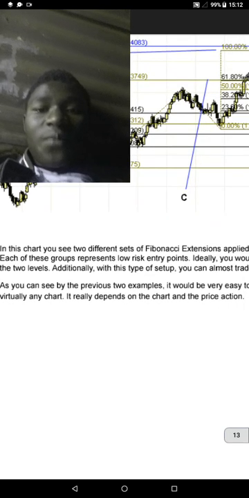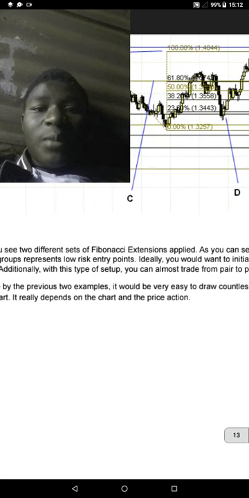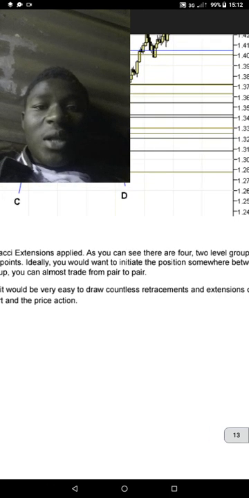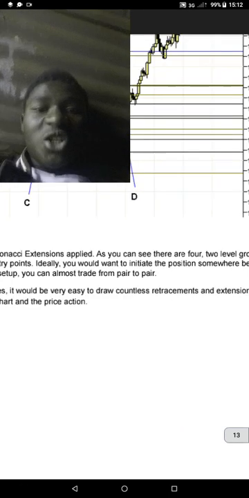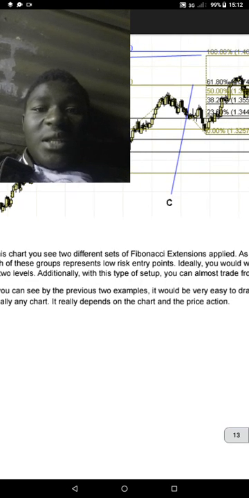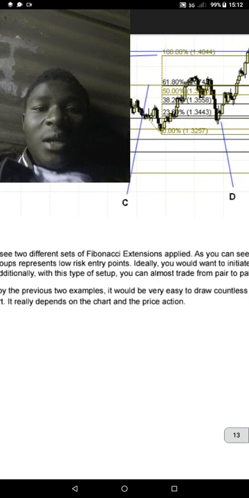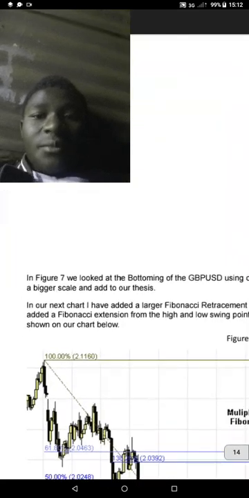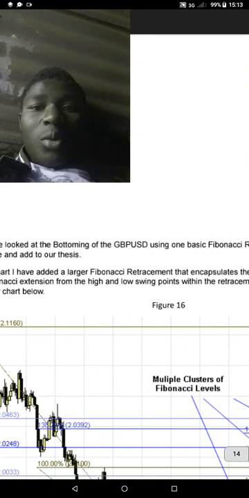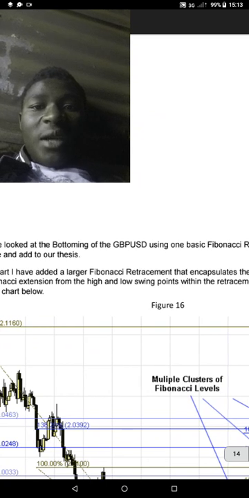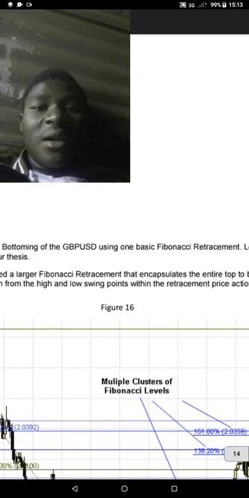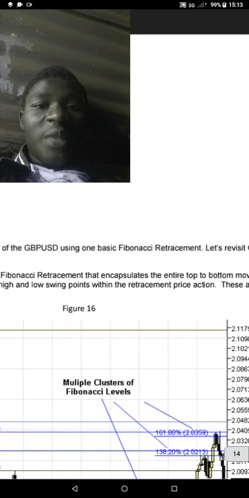As you can see from the previous two examples, it has been very easy to draw countless retracements and extensions on virtually any chart. It really depends on the chart and the price action, guys. In figure 7, we looked at the bottoming of the GBP USD using one basic Fibonacci retracement.